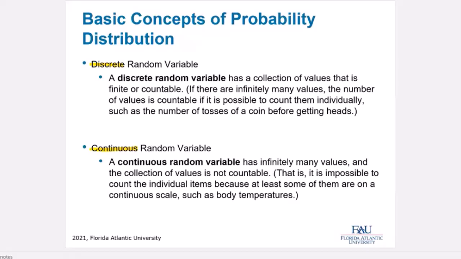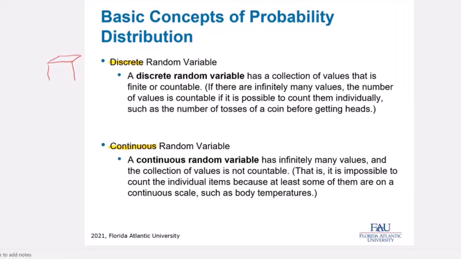Let's say I have a box, and in this box, I have 10 balls. Each one of those balls has a number on it, 1 through 10. What's the probability of picking ball number 1?